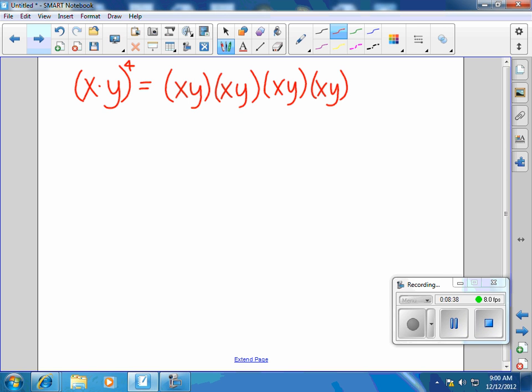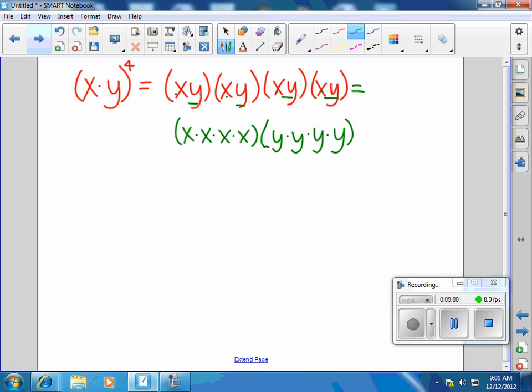And we know that multiplication is commutative. That means I can switch things around. So really, I can rewrite this as x times x times x times x, because I had 4 of them from here. And then it's y times y times y times y, because I had 4 here.